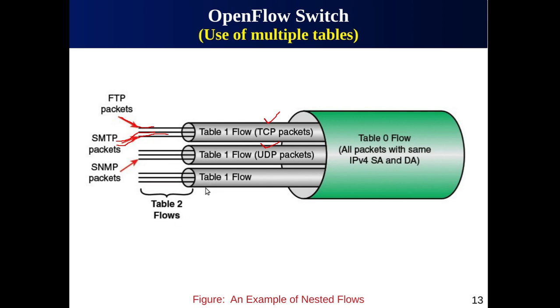Okay, so these are the flows which are coming from table 2 to table 1, and table 1 has different subflows, and these are provided as an input to table number 0 because they have the same source and destinations. For this example, it could be possible to define each of these fine-grained subflows in table 0.